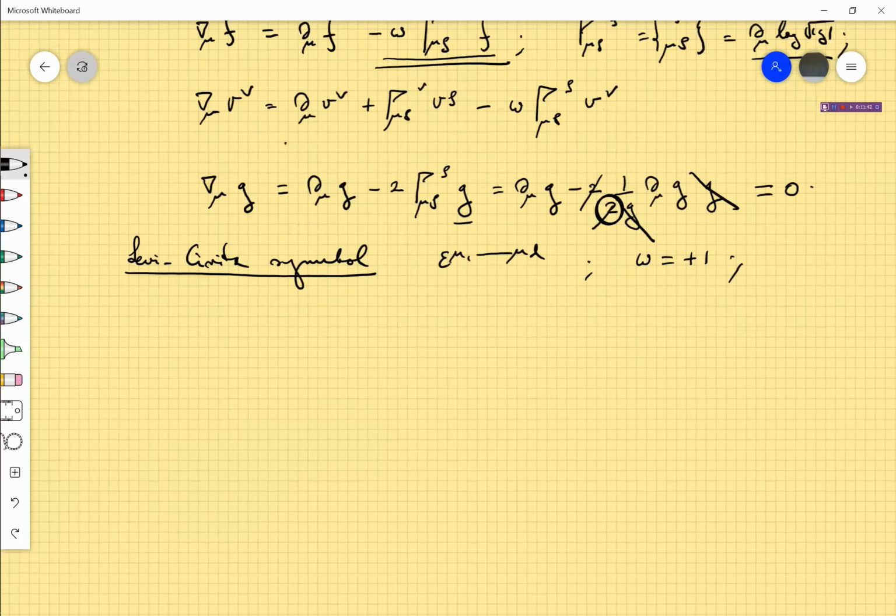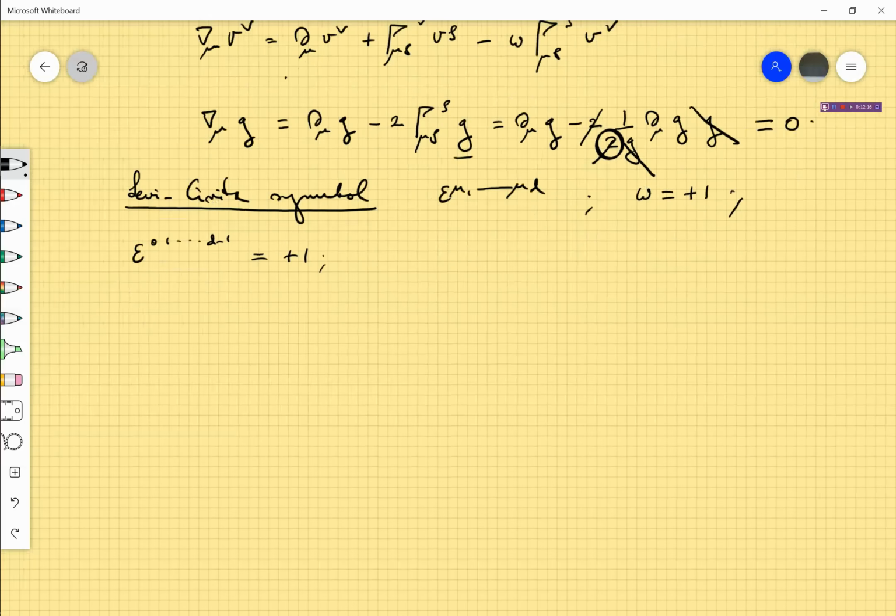So let us see how it works. Remember that the main property that we want of this Levi-Civita symbol is that when we take all the different components in this order, which defines an orientation, by definition this will be +1, and that this should be the same in any coordinate system. So this property that the components are +1 should remain true when I change coordinates.